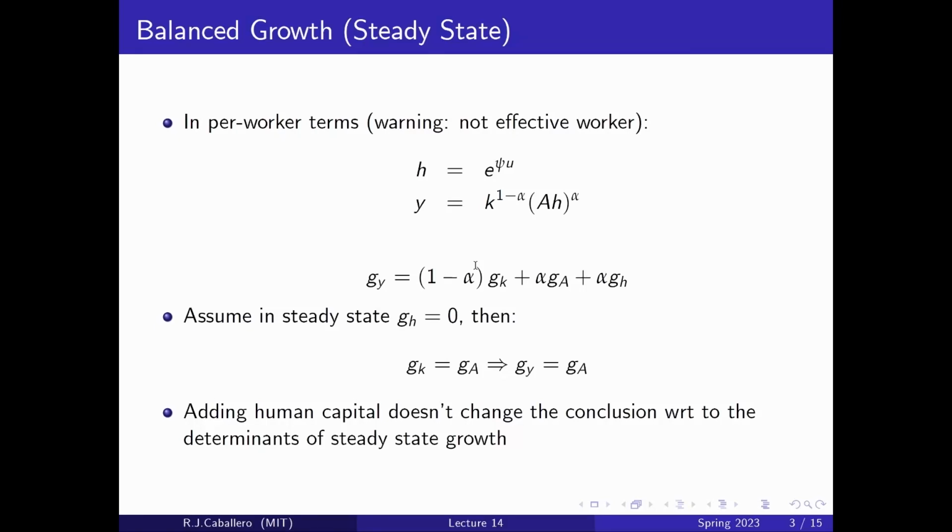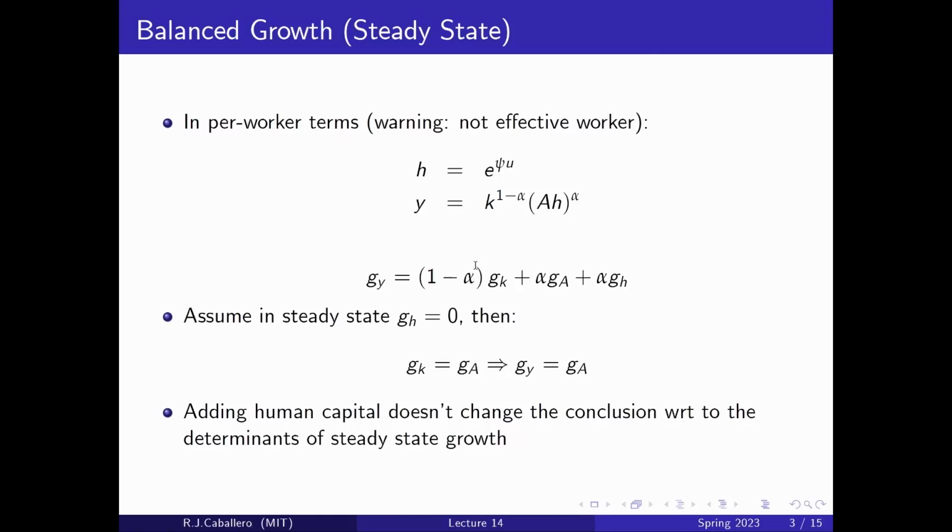Now, remember, what I can do here is then I know that the rate of growth of output per person is going to be equal to 1 minus alpha times the rate of growth of capital per person, plus alpha times the rate of growth of A, plus alpha times the rate of growth of h, in which h is this years of schooling transformation. Now, if you think about the steady state, it doesn't make any sense that g_h at some point will not become 0.